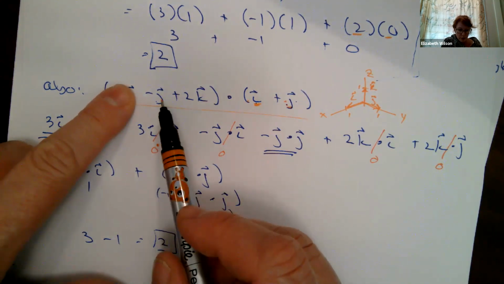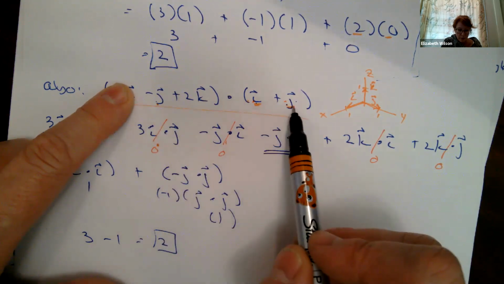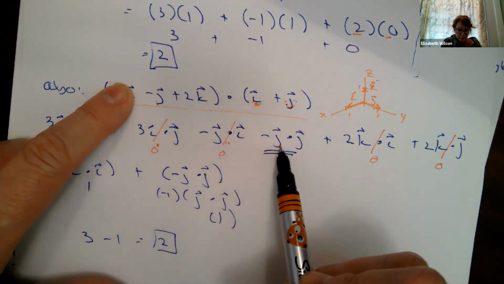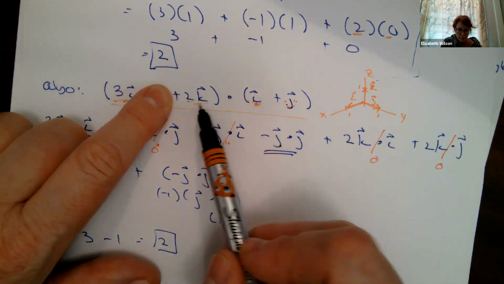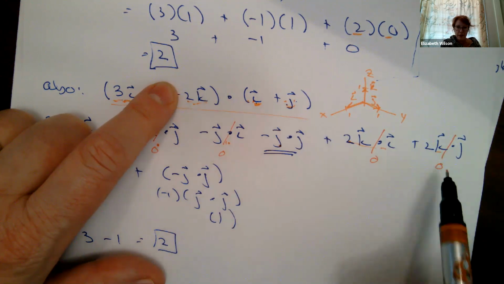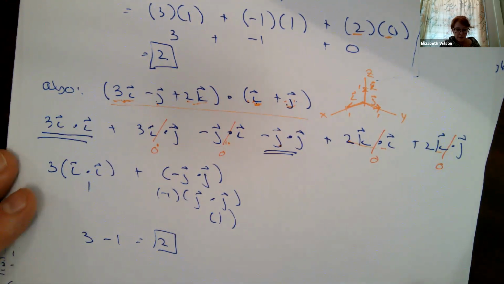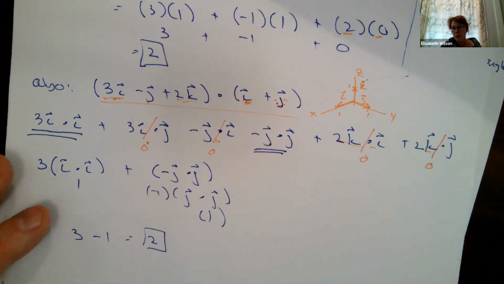Then I move down to here. This term dot product this one, plus this term dot product that one. And I move down. This term dot product this term, this term dot product that term, and I get there. Okay. Now, I just gave it to you. Distributed. Yeah, all you're doing is distributing it.